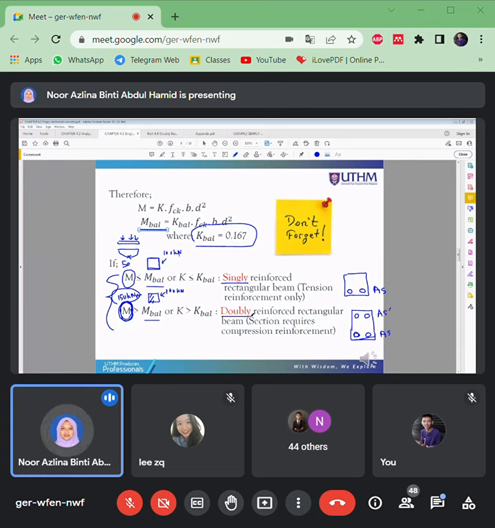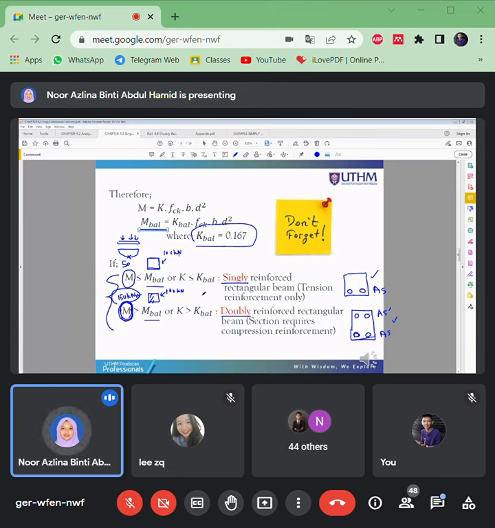So it becomes doubly. So either singly or doubly is based on this comparison. If less than moment balance, just design as singly. If more than moment balance, design as doubly.